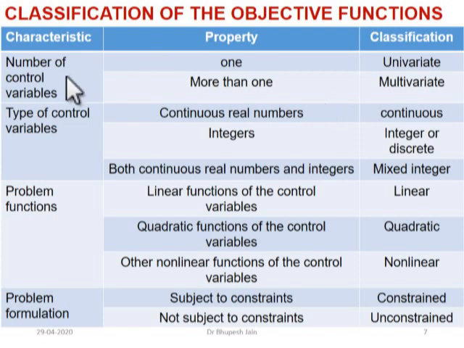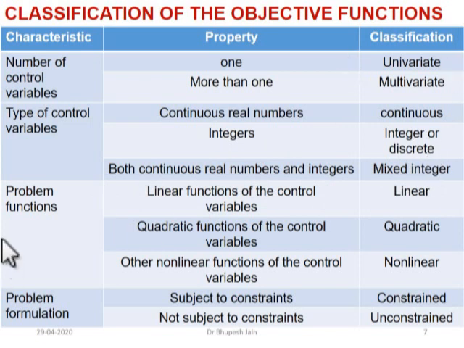Depending on the characteristics, if there is one objective function, it is a univariate optimization problem, and if there is more than one control variable, it is a multivariate optimization technique. By type of variables: if continuous real numbers, it is a continuous optimization problem; if integers only, it is an integer or discrete optimization problem; if both continuous and integers, then a mixed integer optimization problem.